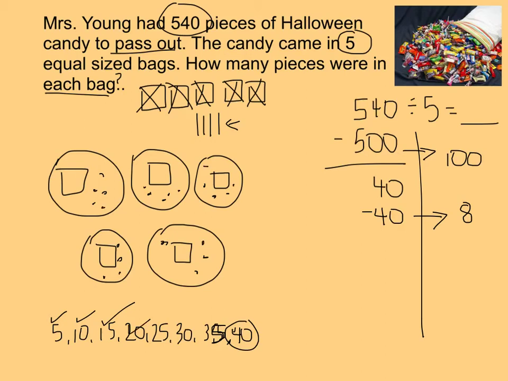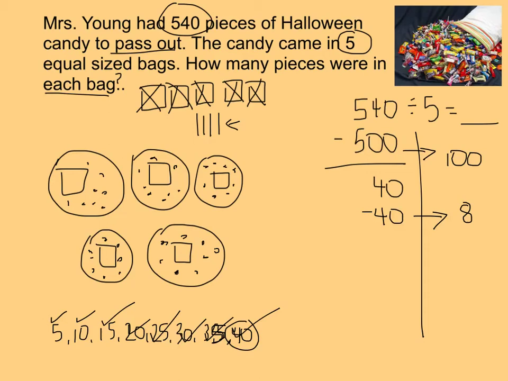Let's give away one more to each group. That'll be 25. Now this one has 30. Now we're going to give away 35, which is 7 in each group, and give away another per group, 40. And if I look at my model, each one should have 108.